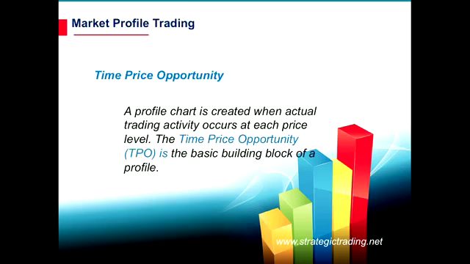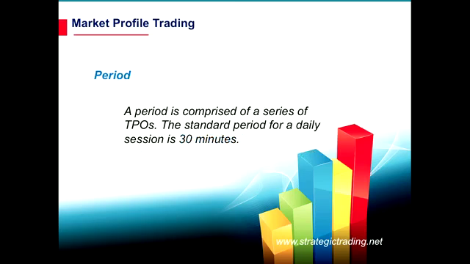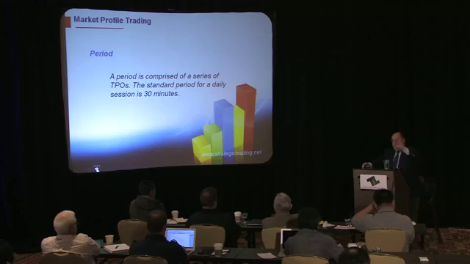Now, the next piece of terminology that I'd like you to become acquainted with is a period. Now, these TPOs don't occur in a vacuum. They don't just happen at random. They occur during specific points in time. The profile I showed you a little bit earlier, that medley of letters, was a profile for a full day.